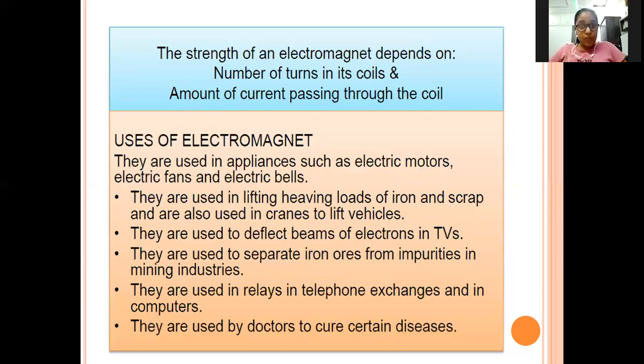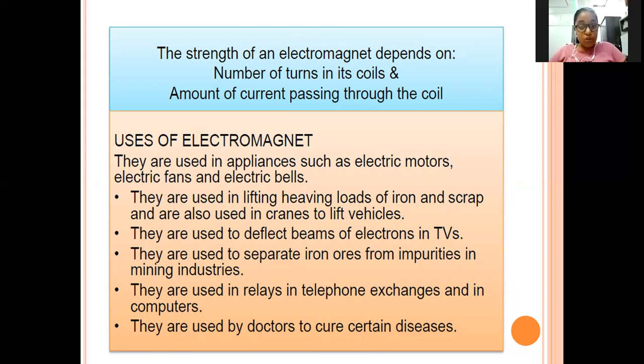Before learning the uses of electromagnets, a very important part I want to tell you: the strength of an electromagnet depends on the number of turns in its coil and the amount of current passing through the coil. Okay, then we will see uses of electromagnet. They are used in appliances such as electric motors, electric fans, and electric bells. First, they are used in lifting heavy loads of iron and scrap and are also used in cranes to lift vehicles.